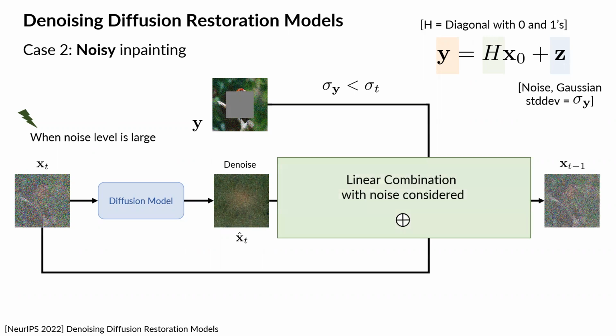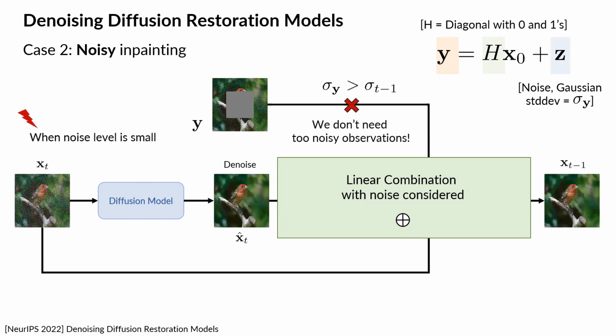At a high level, our update will still be this linear combination box, but taking into account how sigma y works, because we can't just use the original update. Otherwise, we will just get a noisy image at the end. I will go into how you evaluate this linear combination in a bit.